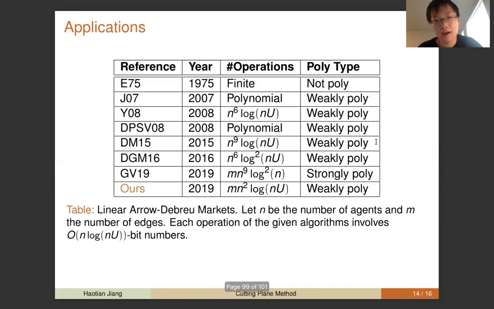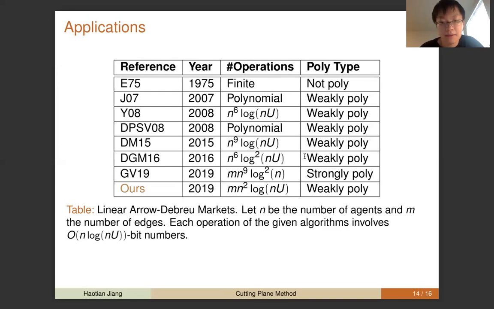This is a well-studied problem with a long sequence of previous work. The previous best work achieves a weakly polynomial runtime of n^6 log nU and a strongly polynomial time of m n^9 log n squared. Our result achieves a runtime of m n^2 log nU, where m is the number of possible transactions.